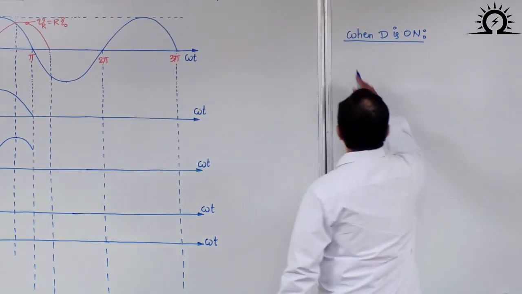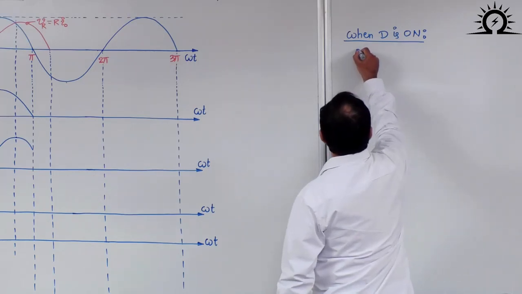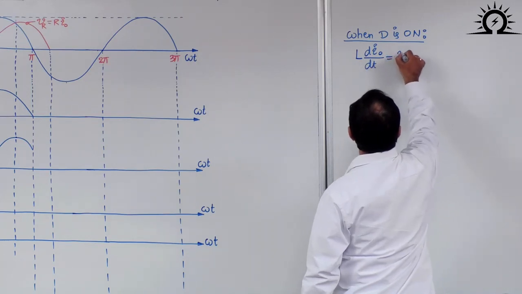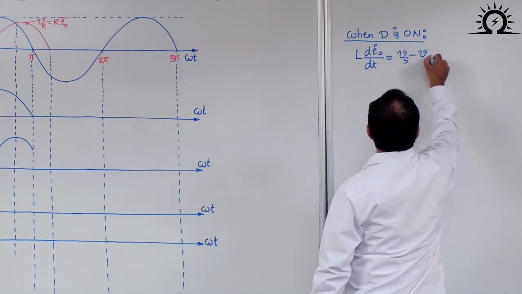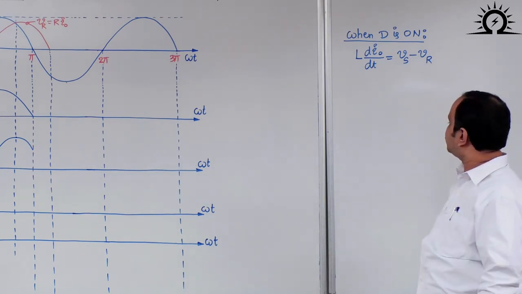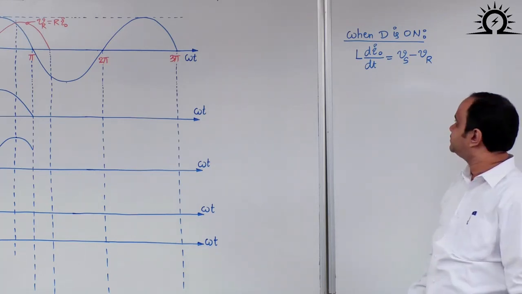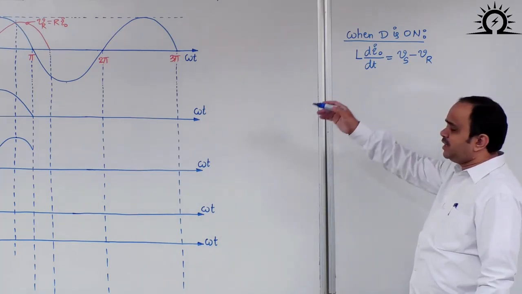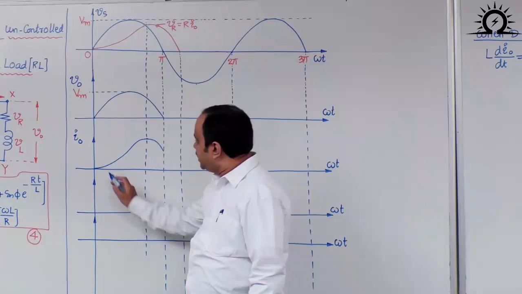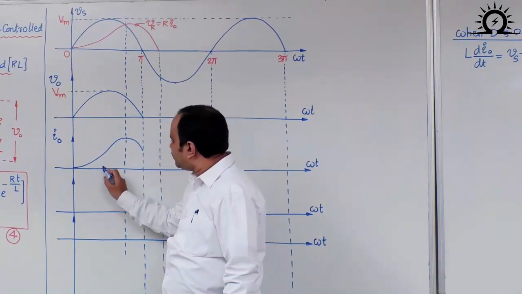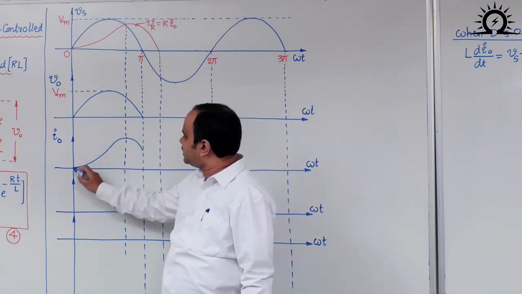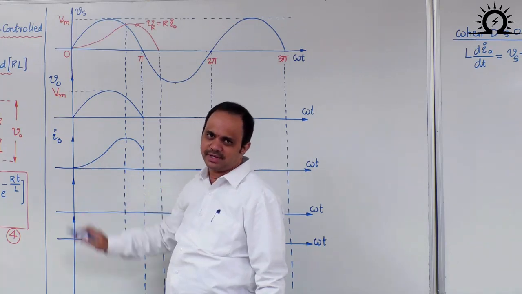In order to understand that, suppose when the diode is on, can I write an equation like this? L into d I naught by dt is equal to source voltage minus voltage across resistor. Now look back into this waveform. If I take different values of omega t and join all of the points, you will get the step by step output current waveform, something like this.